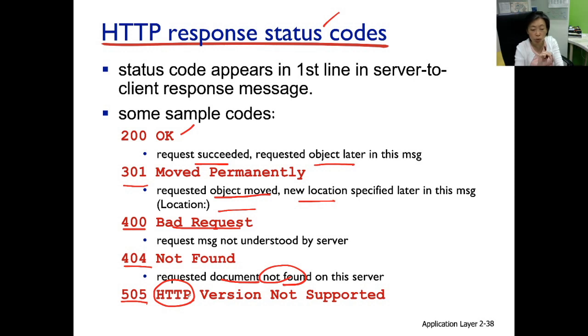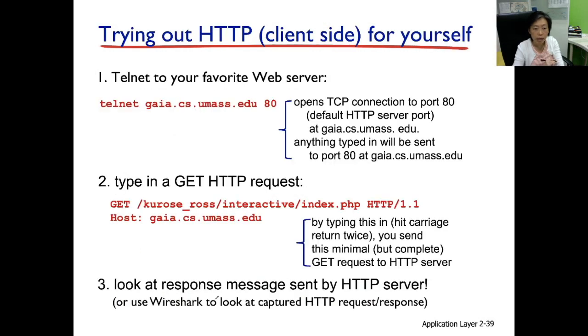So in case you're using a very old browser, or contacting a server that's very, very old, and yet your browser is implementing something newer, then you might not be able to communicate. The server is going to tell you this.